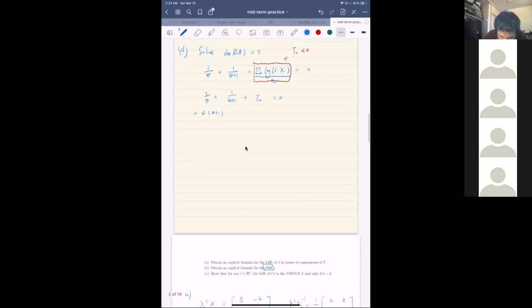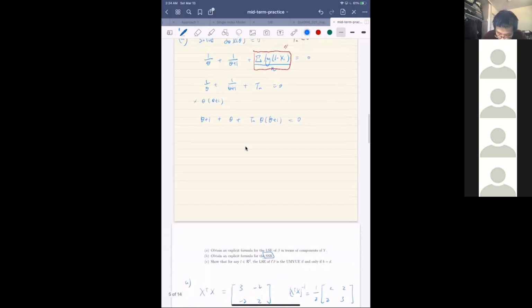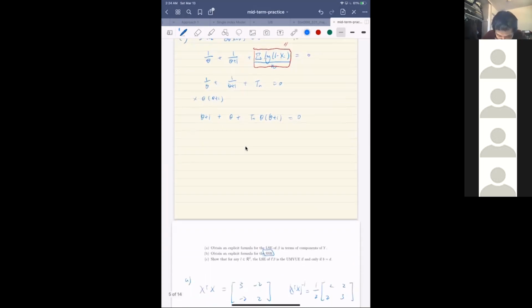So we can have theta plus 1 plus theta, theta, and theta plus 1. So this is a second order polynomial. So we should be able to find a solution by using the formula.